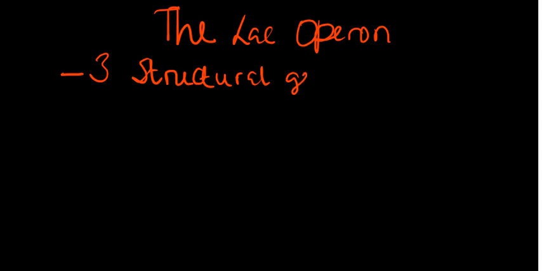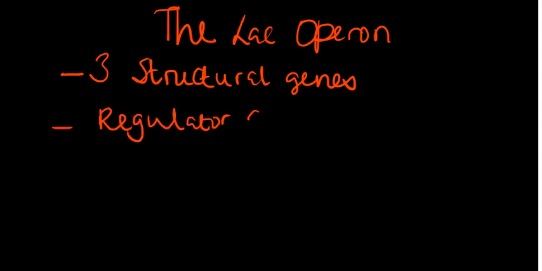So when you look at the Lac Operon, it has 3 structural genes, which can be controlled by a regulator gene. It also works in conjunction with the promoter sequence.